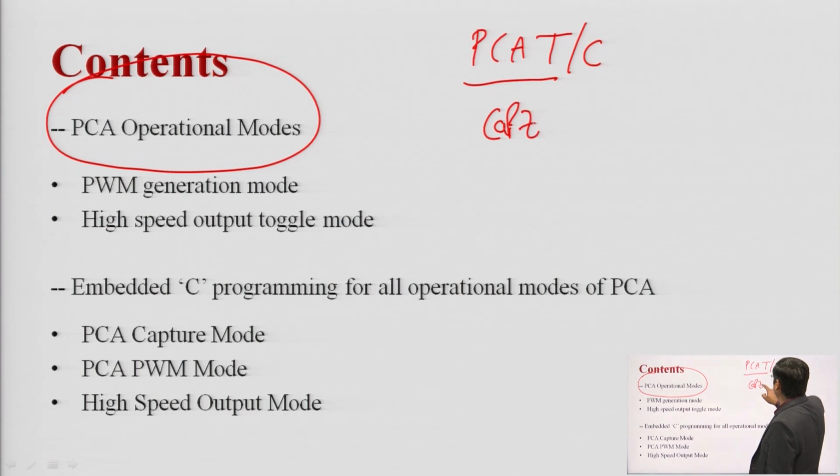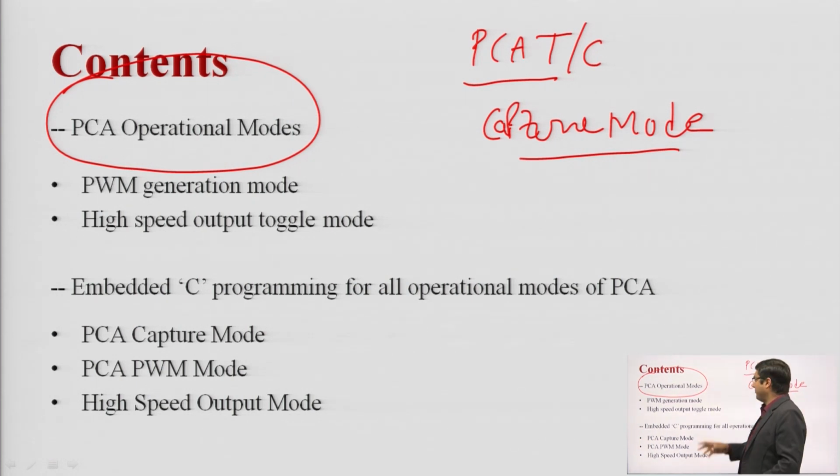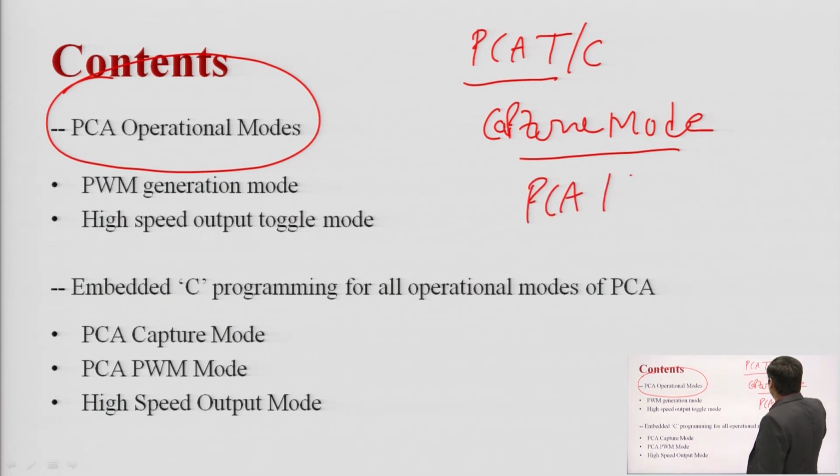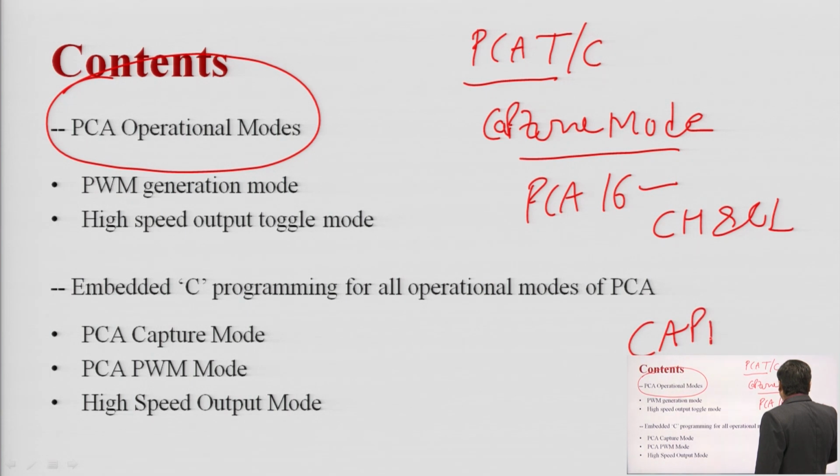We saw what capture mode is and how the capture occurs: it occurs when there is a comparison or match between the PCA 16-bit timer registers, CH and CL, and the CCAPMnH and CCAPMnL registers.